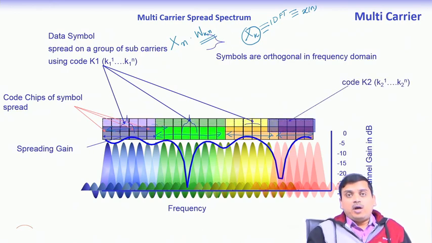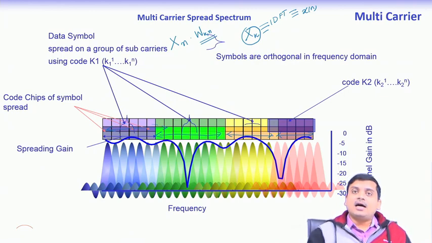If one wants to improve the spectral efficiency, one can assign another symbol on the same set of frequencies. Once one assigns another symbol on the same frequencies, if the codes that are used to spread them have good properties, then one can recover them very easily.